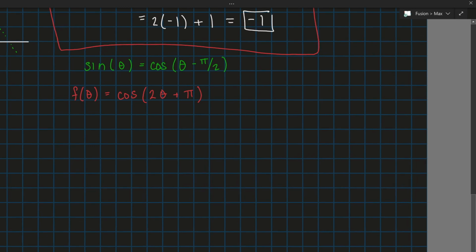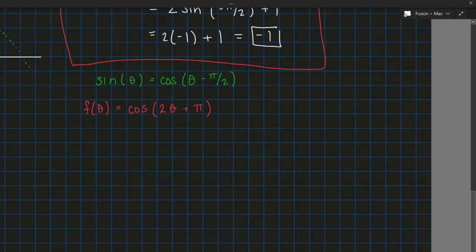Whereas our 2 here is not. So when you see a problem like this, when you have some number multiplying by the inside, the first thing you have to do is factor out that number. You have to factor it out to get the true value of c.